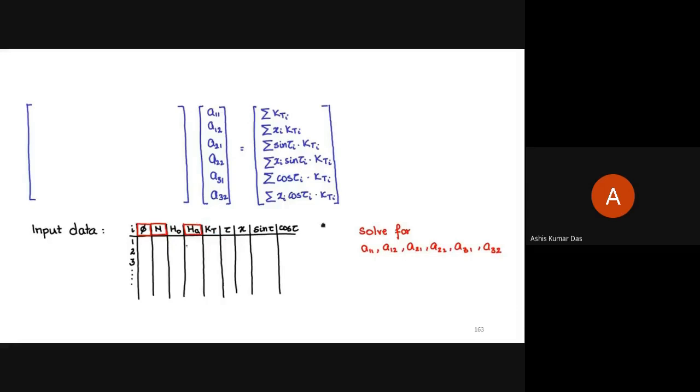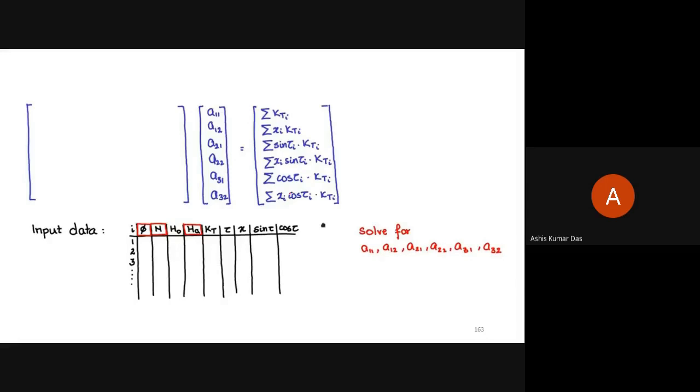We have seen earlier that if we find the HA value and know the H naught value, we can easily find Kt. And we need τ, ξ, sin τ, cos τ. These are the values we need to compute this matrix. φ and n are given inputs, and H naught is also computed from them.